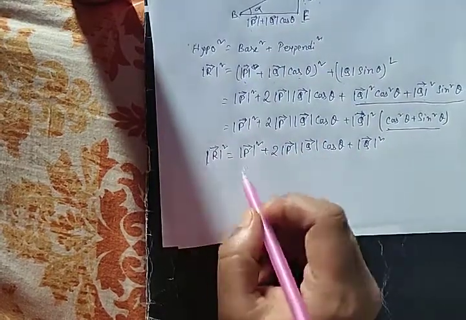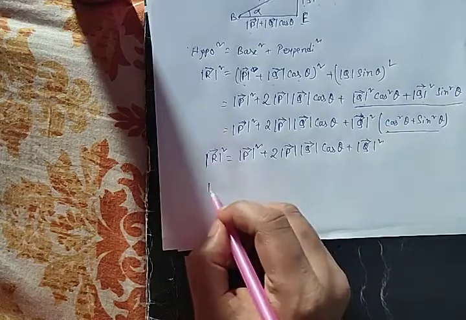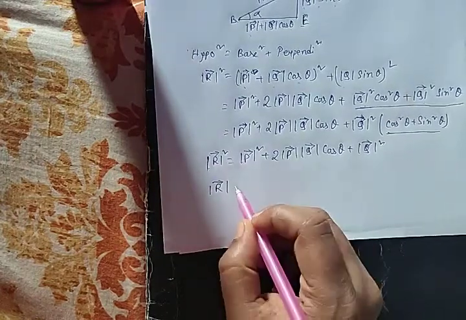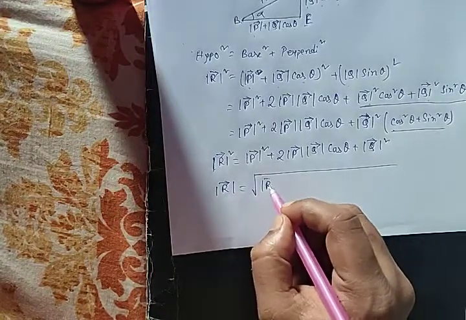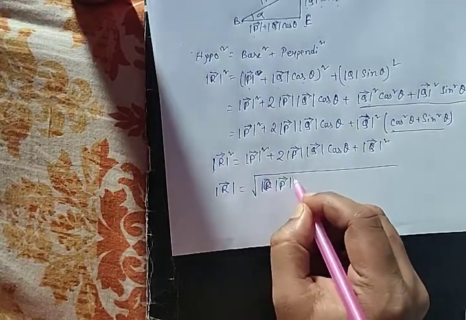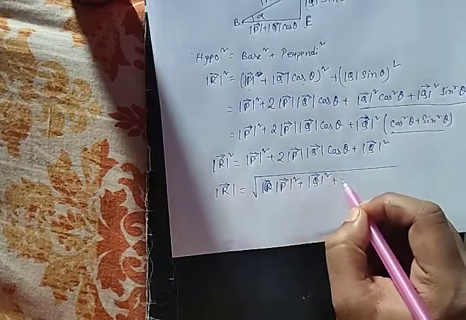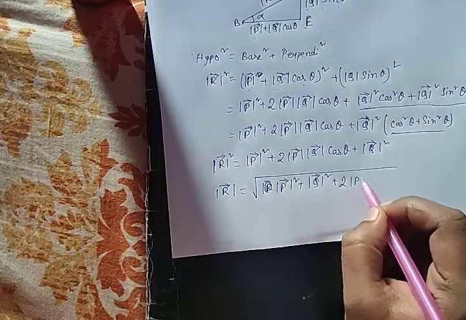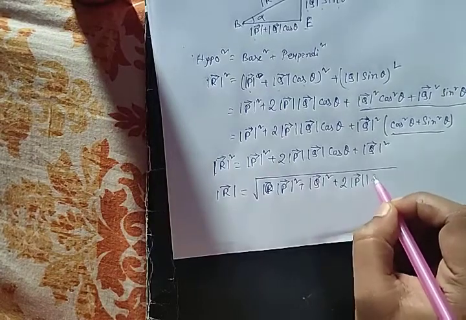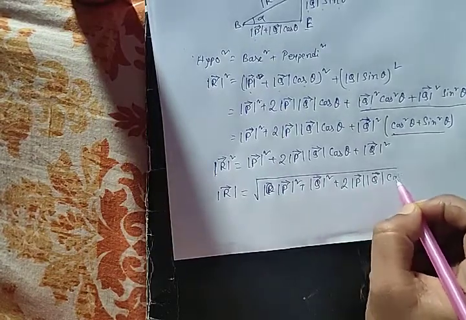Okay. Now, if mod R square is this one, so mod R will be how much? Mod R will be the root of this term: mod P square plus mod Q square plus 2 mod P mod Q cos theta.